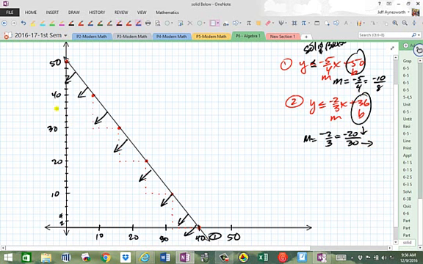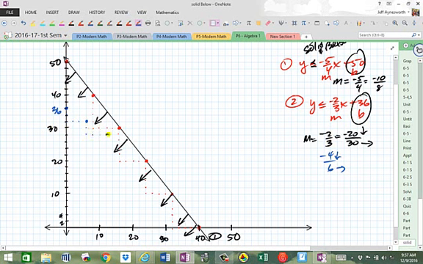Well, actually, you know what? I'm going to multiply both of these by 2. So negative 4, 6. So down 4, right 6. Down 4, 2, 4, right 6, 2, 4, 6. Down 4, right 6. Down 4, right 6.